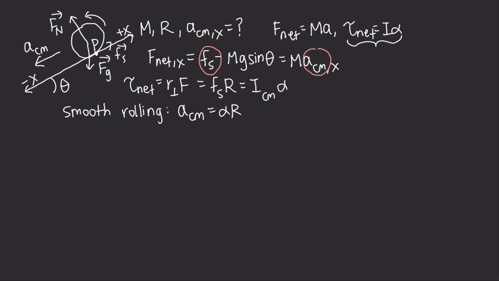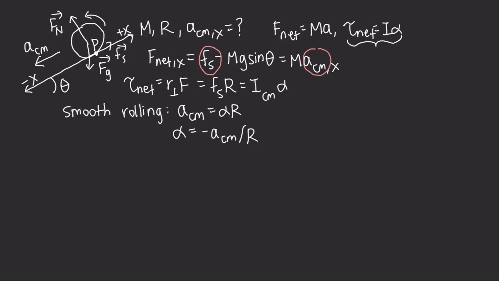So we need to substitute the angular acceleration equals the negative linear acceleration of the center of mass divided by r. And we can substitute that into the equation that we got for the torque, and then we can solve for the static frictional force.